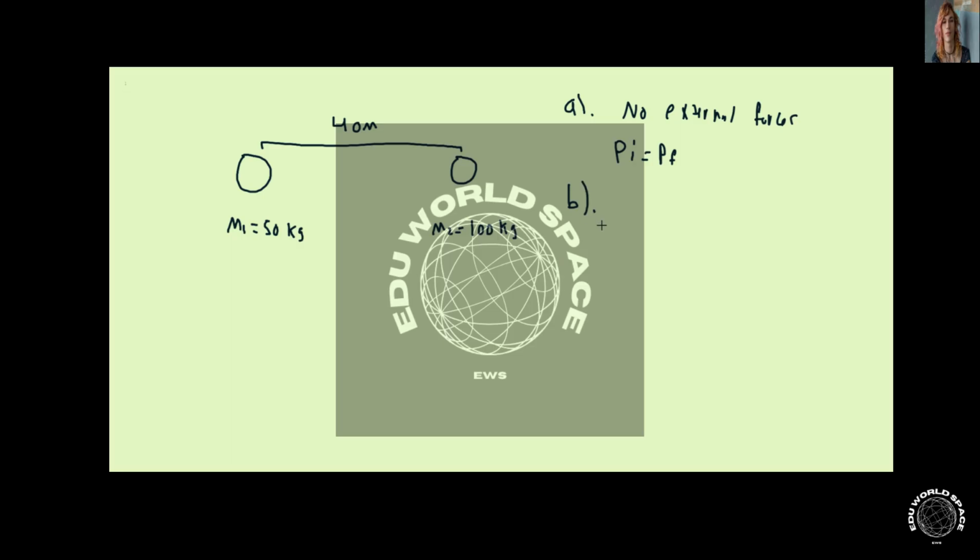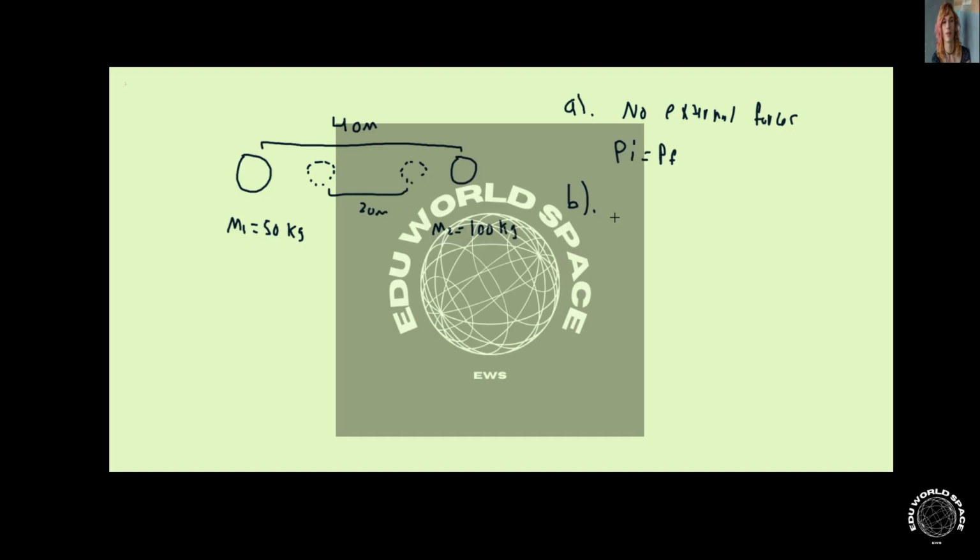Part B then says when their centers are 20 meters apart, we want to find the speed of each sphere and then the magnitude of the relative velocity of each sphere. So that'll be now when they've moved from 40 to them both being a little bit closer to each other and now only 20 meters apart.